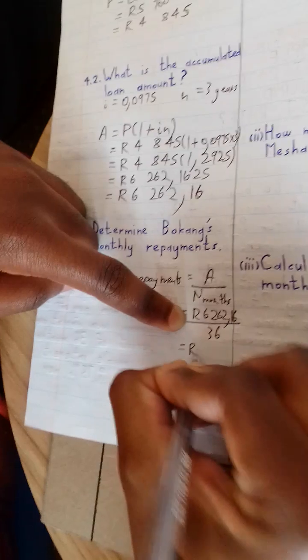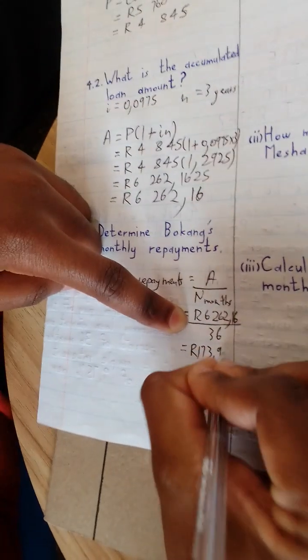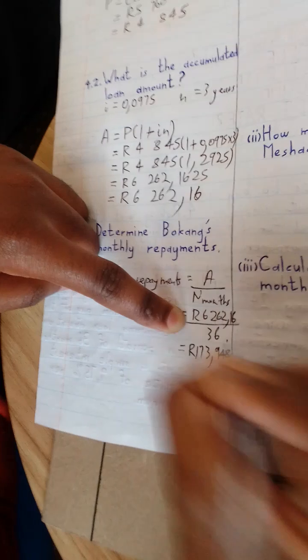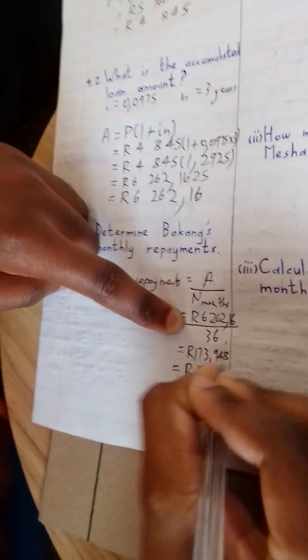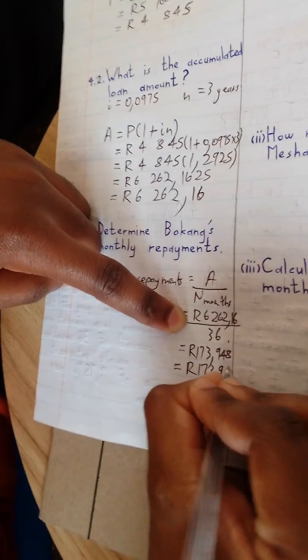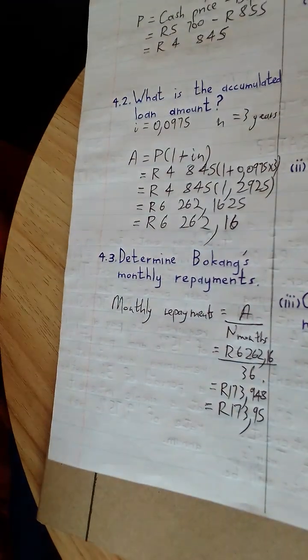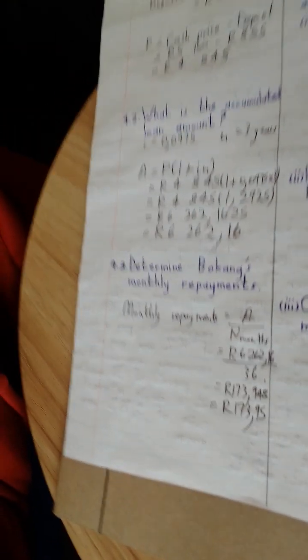I'm getting 173.948 recurring. Remember to 2 decimal places, 173.9, 8 is a significant figure, so this 4 changes into a 5. 173 rand 95 cents. I hope that was clear.